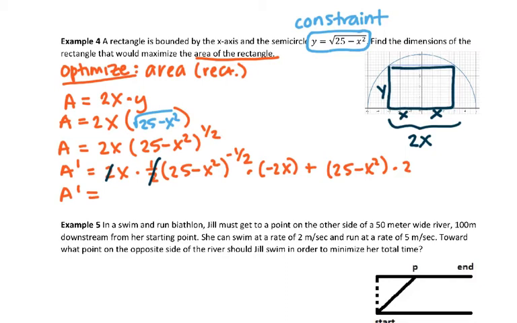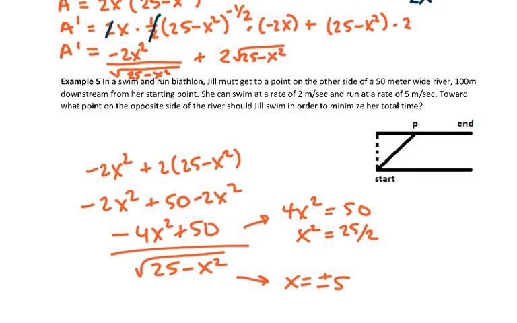So we're going to end up getting a -2x times x, which is -2x squared, times, well, let's go ahead and write this without any... I like writing it as an actual function, but if you're going to type it in your calculator, you really don't have to do that. And then plus 2 times the square root of 25 minus x squared. Okay, so fun fact, because I just want you to see this as possible.